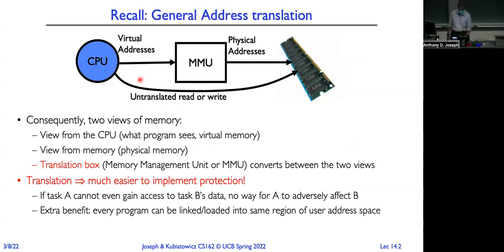There's the CPU generating virtual addresses, but the kernel can generate untranslated addresses. So the kernel can actually say, I want to write this physical location of memory. It has to be able to do that because if it's going to pull a page in from disk and write it somewhere, it has to be able to access untranslated addresses also.